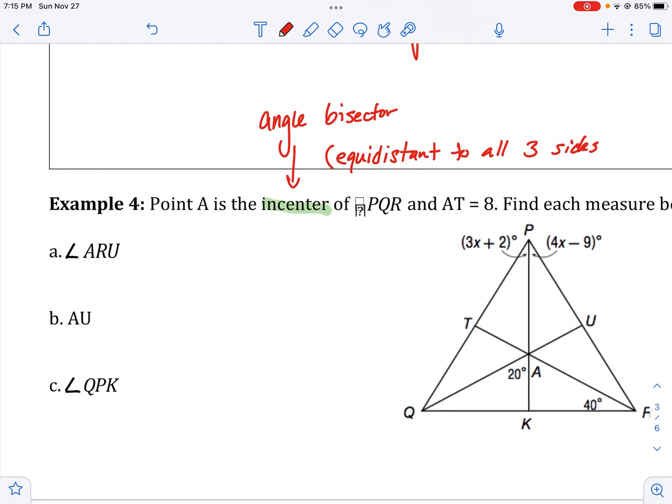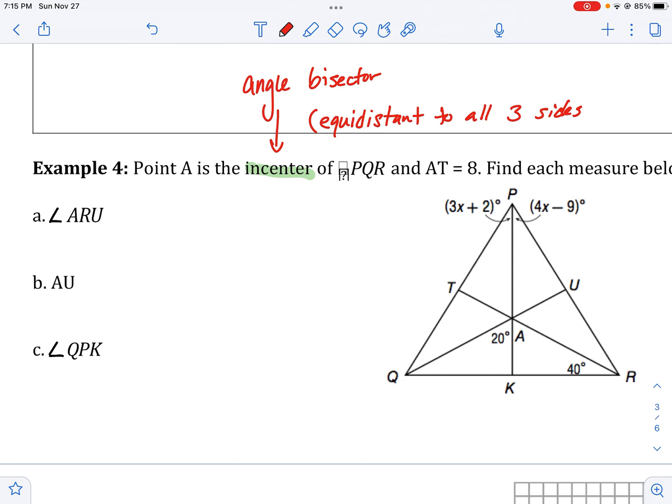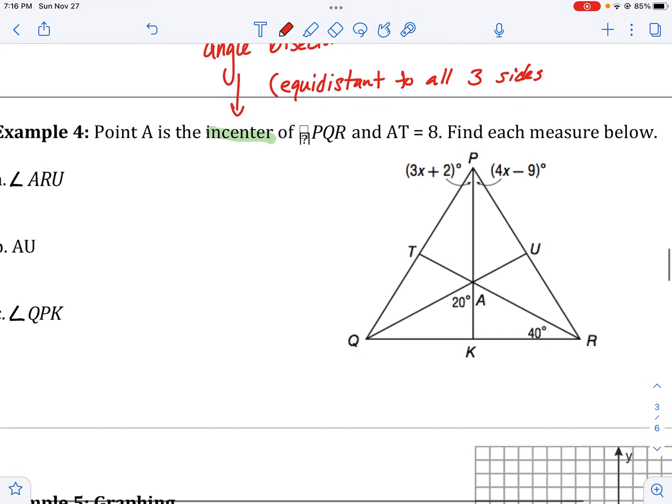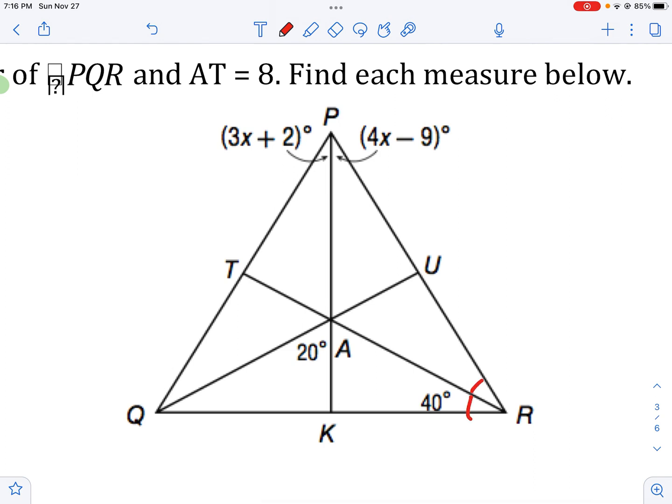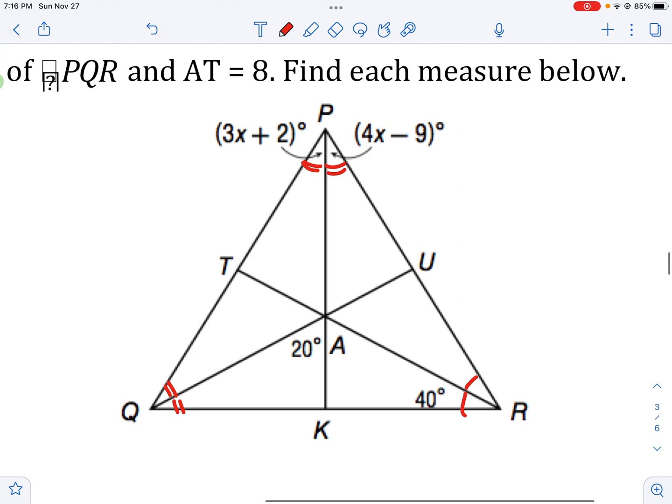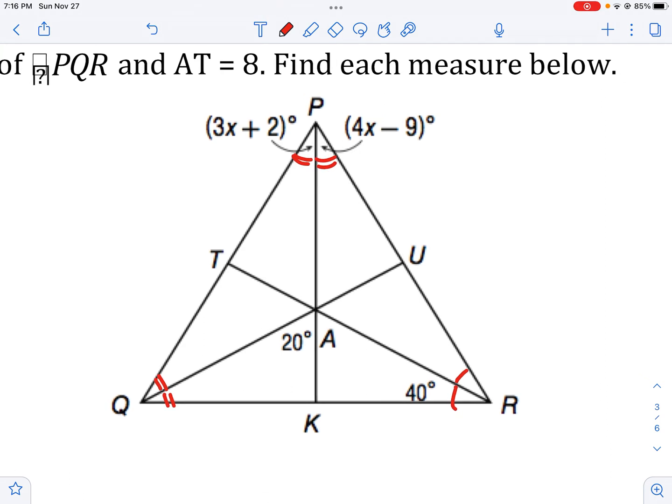Check it out. I've got my angle bisectors here, so all these angles are bisected. All these angles are cut in half. And if all these angles are cut in half, the left half, or the top half, must be equal to the right half or the bottom half. So I don't know what these two angles are here at Q, but maybe I could put an X and an X. That's not a good idea.